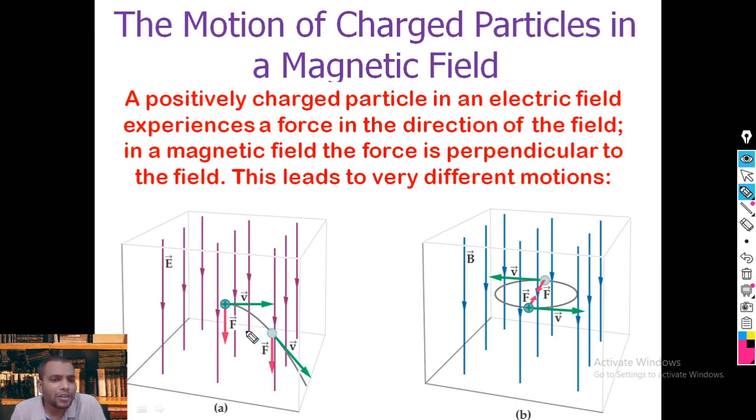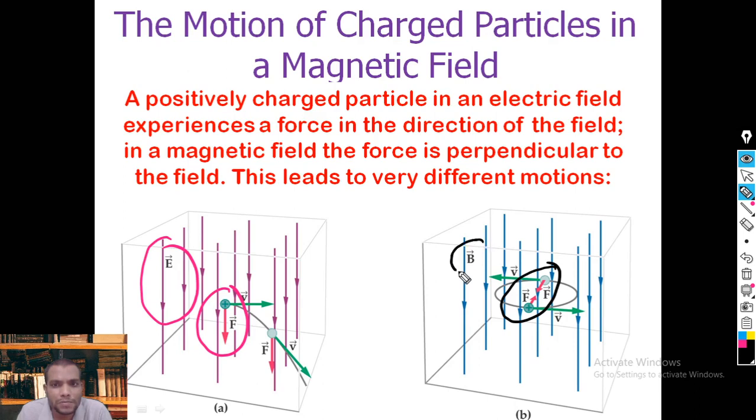Here I would like to highlight the force and electric field directions in comparison with the force and magnetic field directions. Here the charged particle experiences a force in the direction of the electric field. But in a magnetic field, the charged particle experiences a force that is perpendicular to the magnetic field.